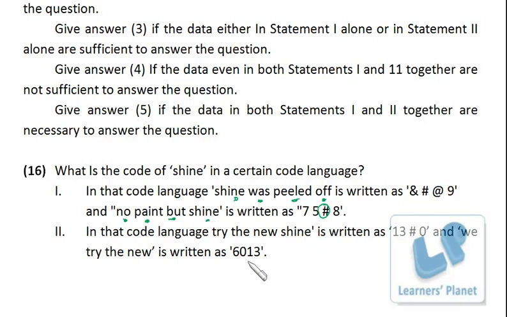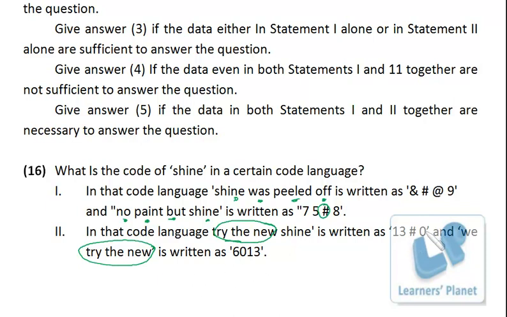Still we have to check statement 2. In that code language, try the new shine is written as 1, 3, number sign and 0, and we try the new. That means 3 letters are common, so the 3 symbols should be common.